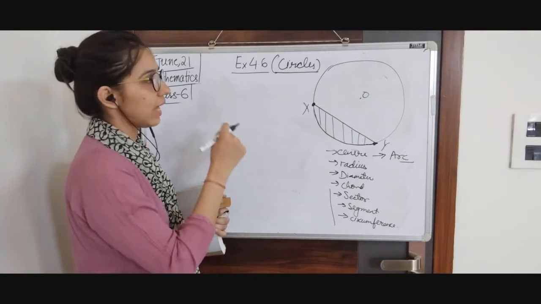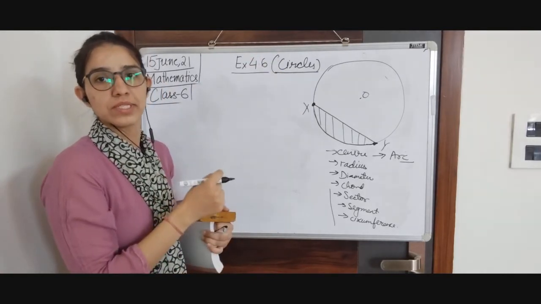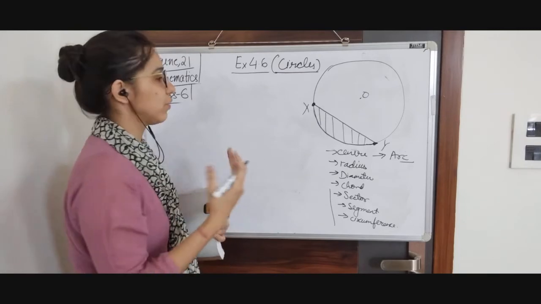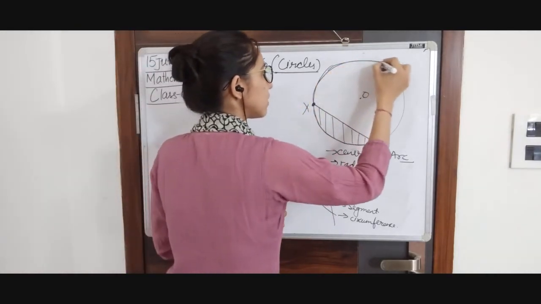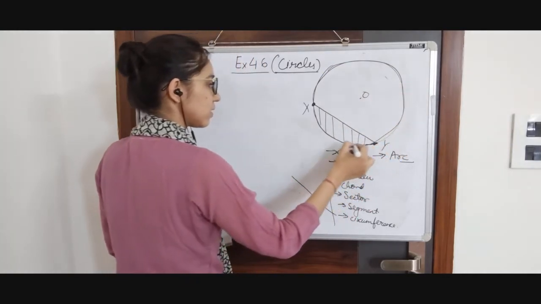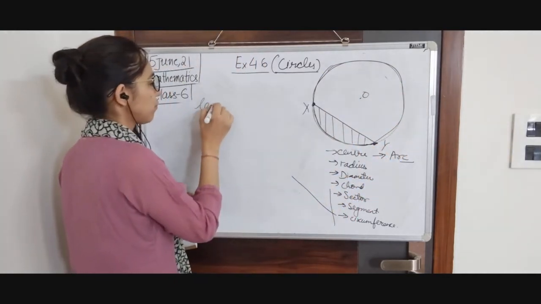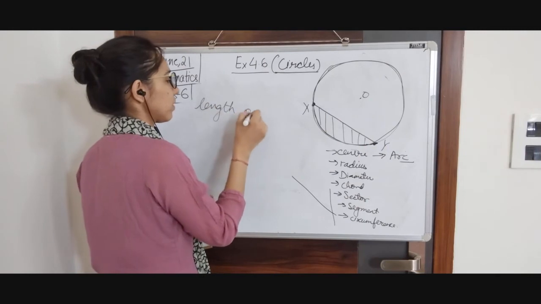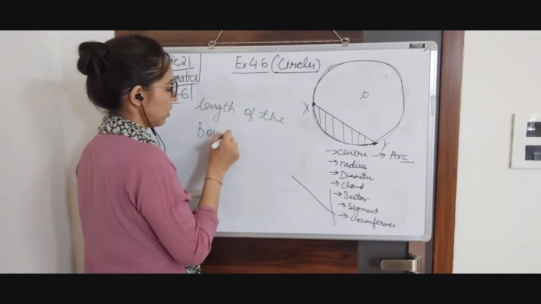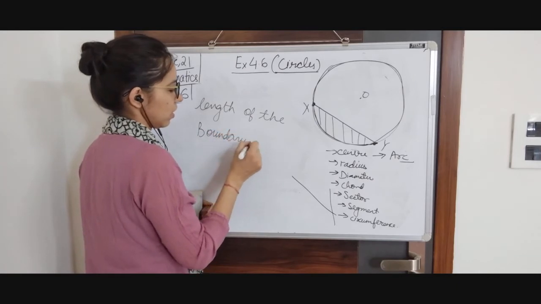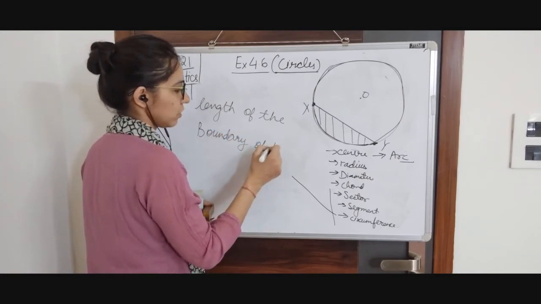The length of the boundary of the circle is going to be the circumference. By circumference we mean this length of the boundary of the circle.